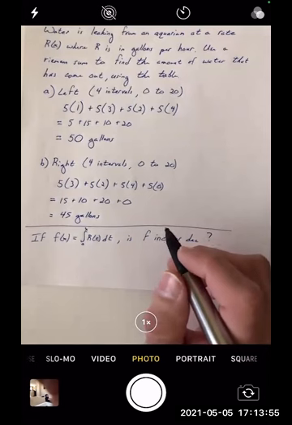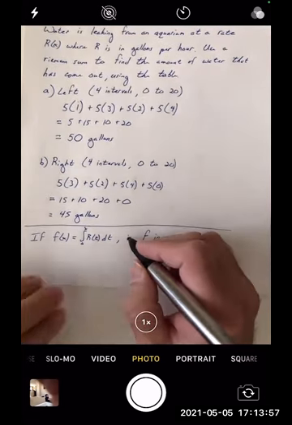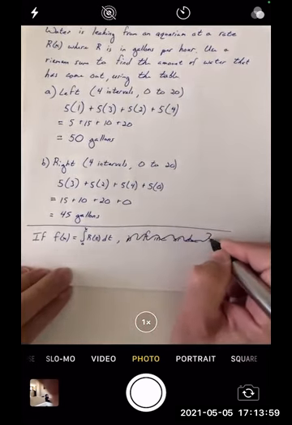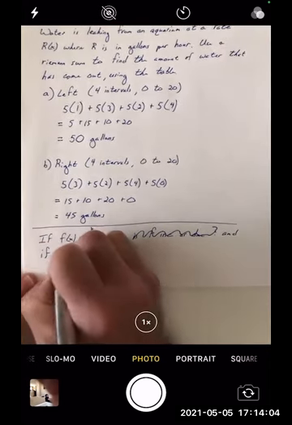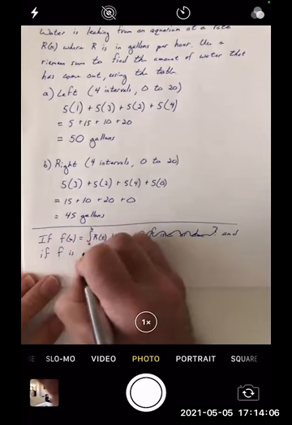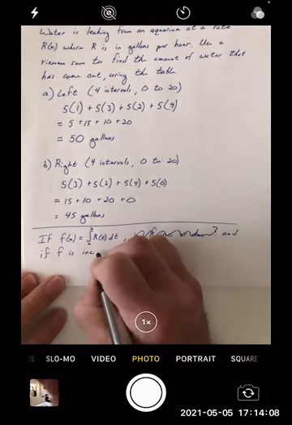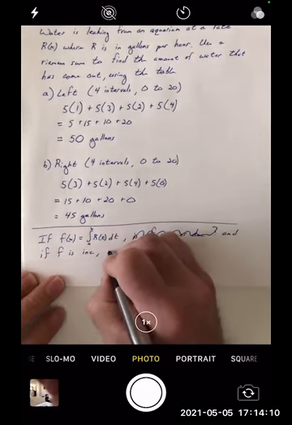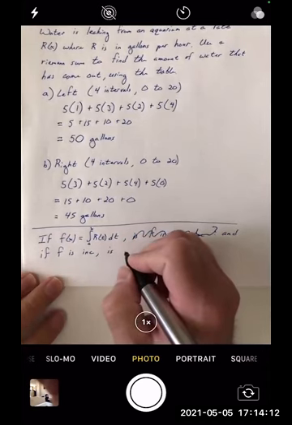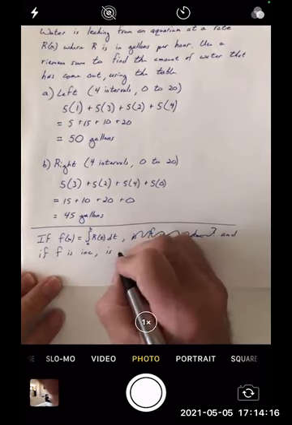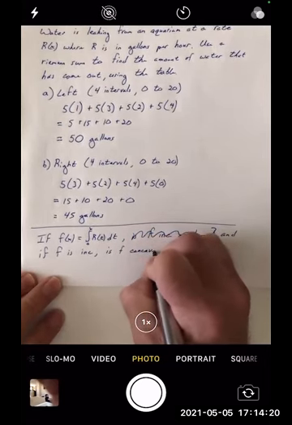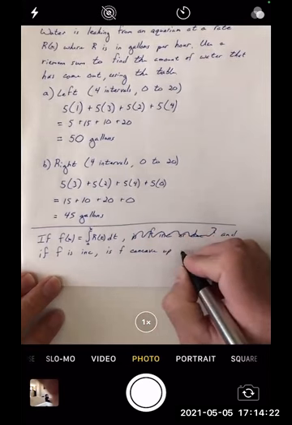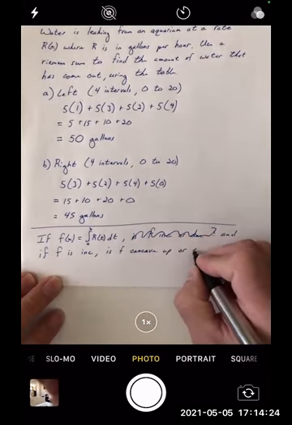I think it would have to be, if f is increasing, is f concave up or concave down?